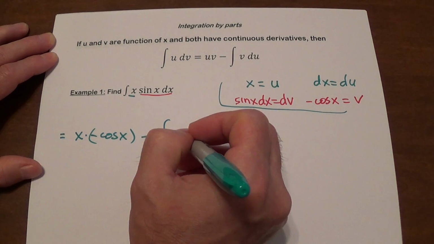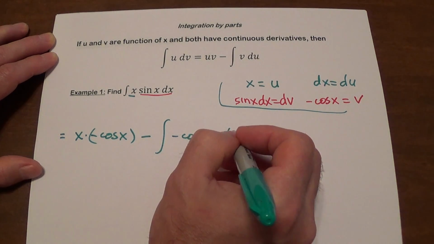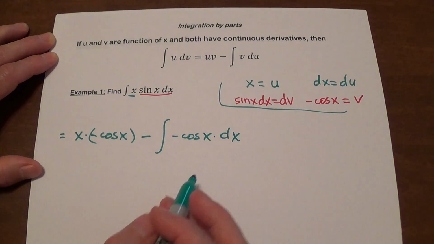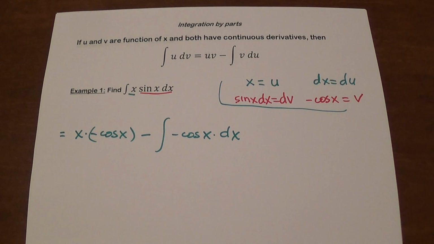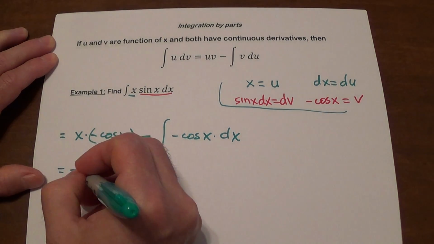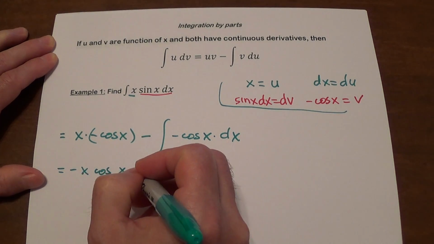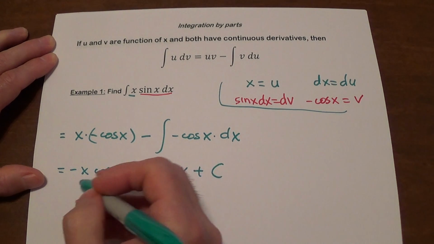V is negative cosine x and du is dx. So this integral here that you have now is a very basic one. You can hopefully integrate that without any struggle. So when we rewrite all that, that's negative x cos x plus sine x, and of course plus c.